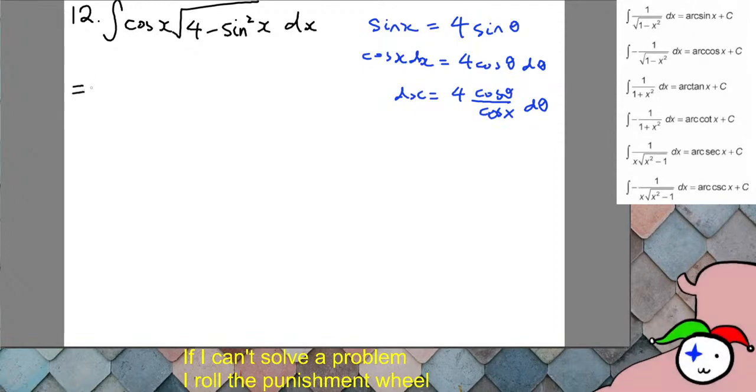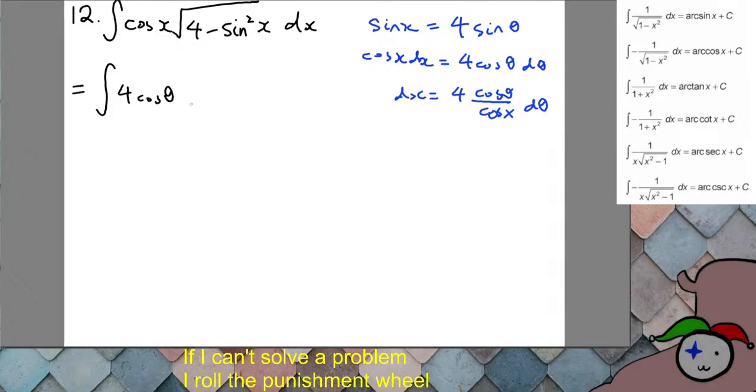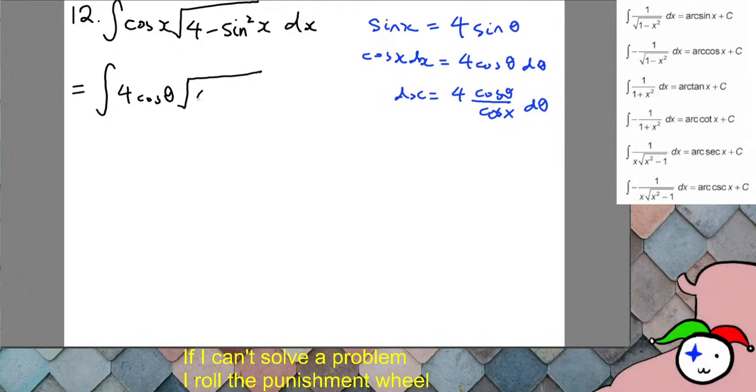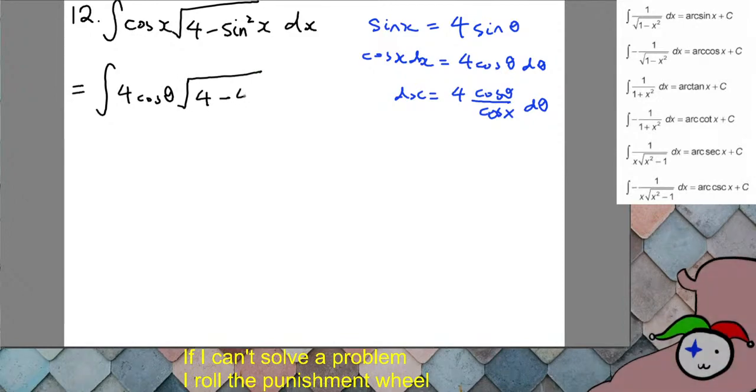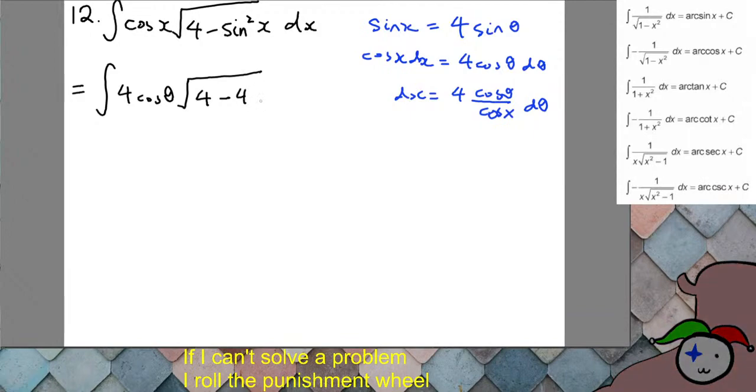So then the cos here gets cancelled out by this, so instead you have 4 cos theta at the front over 4 minus 4 sine square theta. Nope. Hang on. I just realized that's a square, so this should have been 2's. That one as well.